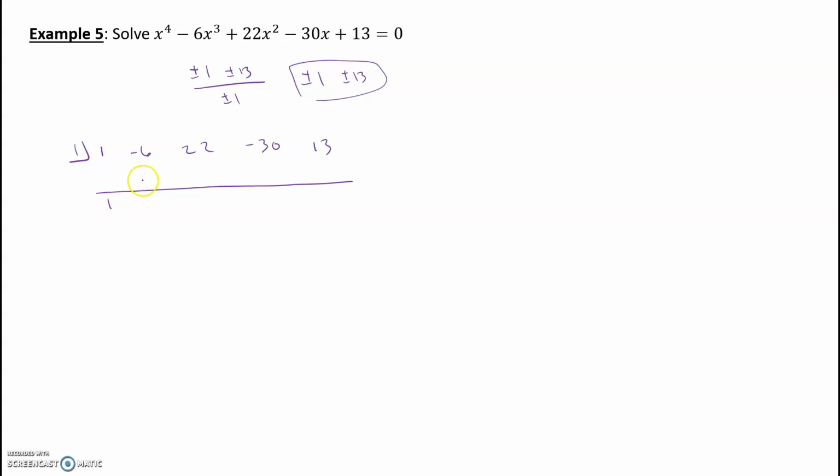Drop it down, multiply, add, multiply, add, multiply, add, multiply, and we like it when it happens on the first time. So we know that one of our factors is x minus 1. So here's the deal with this one.